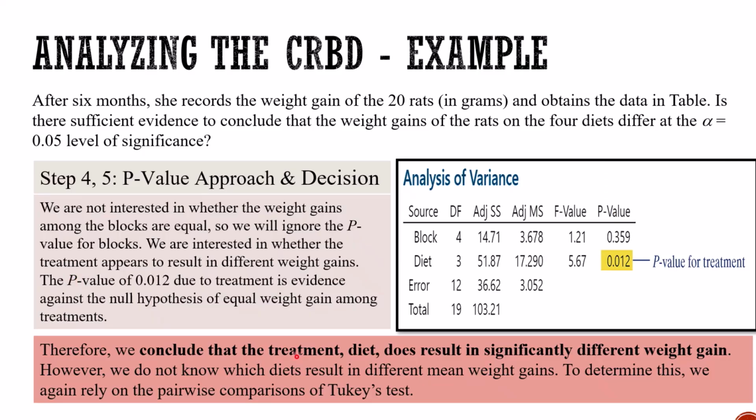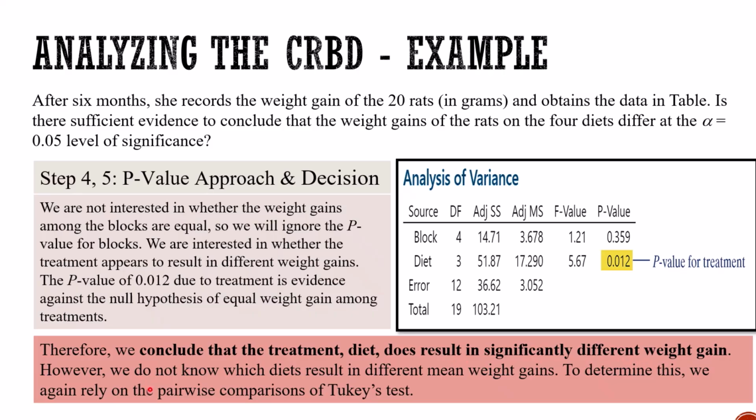There's no difference in the diet. Based on the ANOVA test that we just performed, we come to the conclusion that there is a difference among the four diets. So therefore, we conclude that the treatment diet does result in significantly different weight gain.